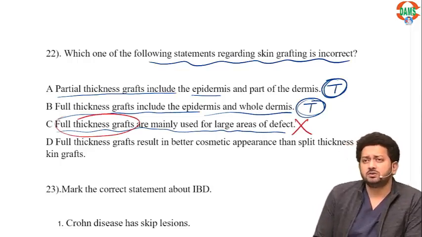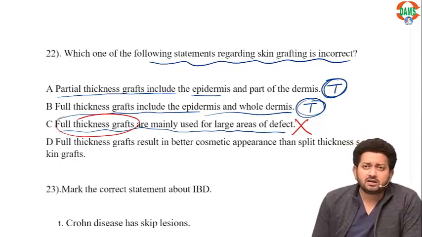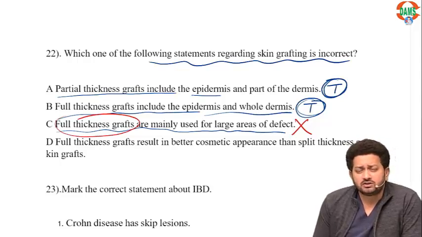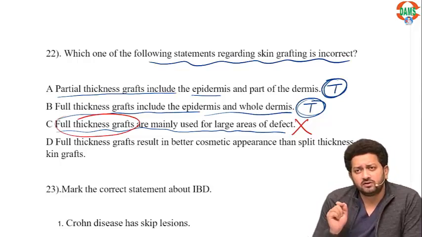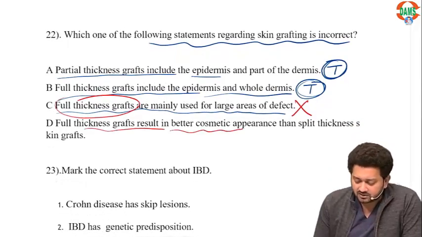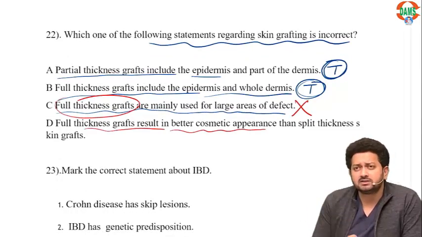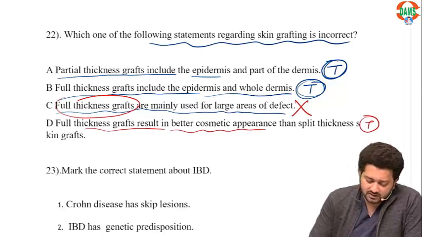For large defects, you need a partial thickness because the donor area in the full thickness is not going to heal on its own. You have to do some kind of suturing there. So that's why full thickness you use only for the smaller defects. Full thickness has better cosmetic outcome because the contraction is less and the color match is good. So this statement is also true. The false statement is C.